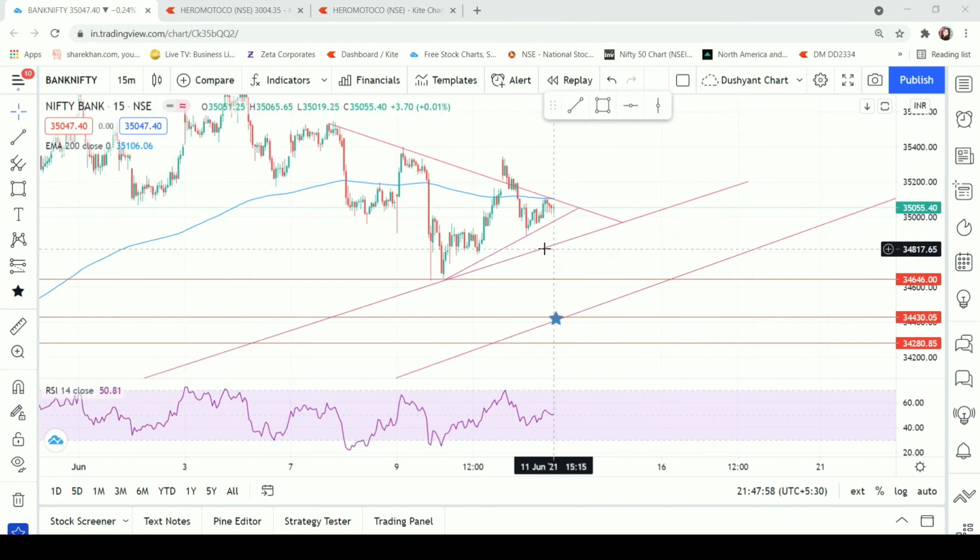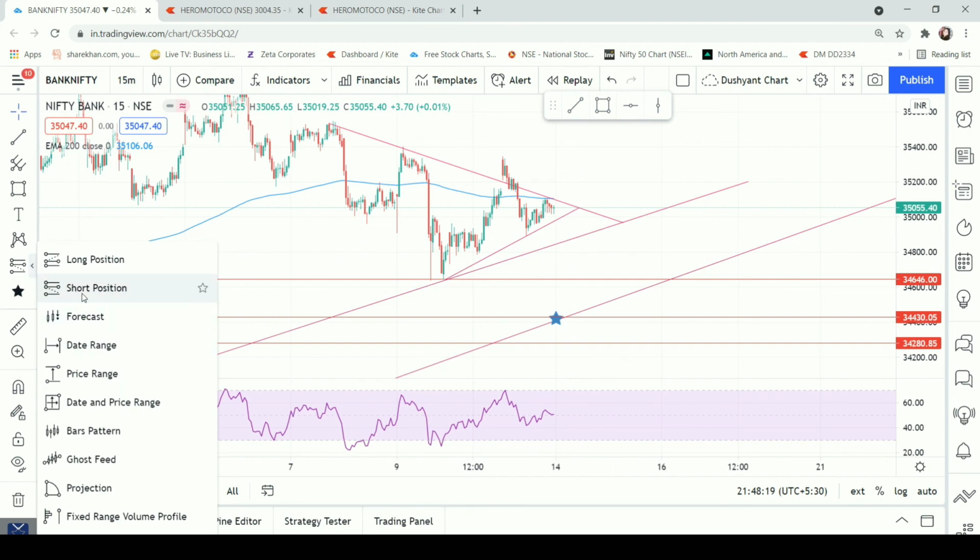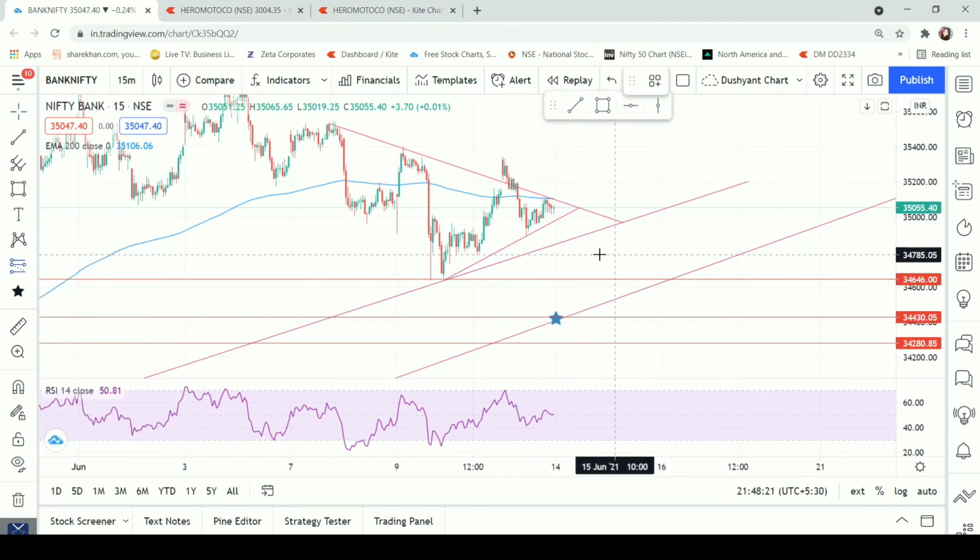So if price breaks this trend line, okay, we can take the first target at this support and the second one is this. So we will take a short position.